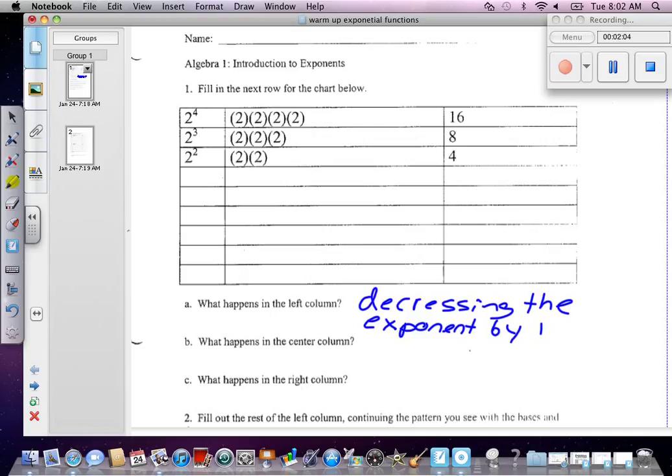It's also right here, if that helps, Jeff. Okay. And in the center column, it's showing us what the exponent's doing.